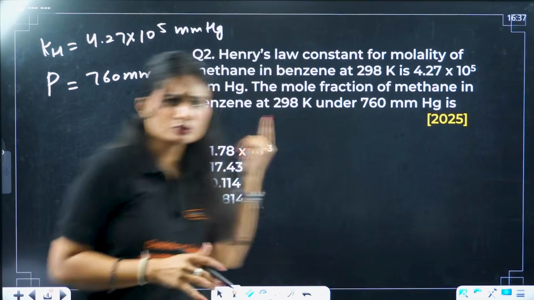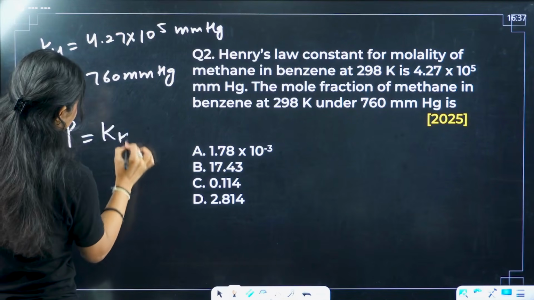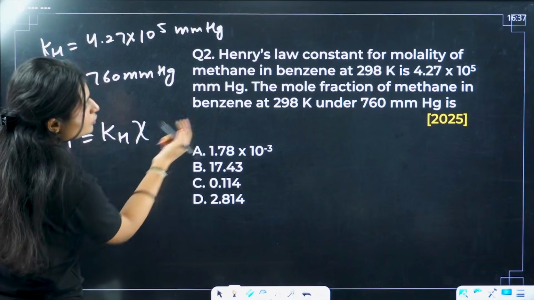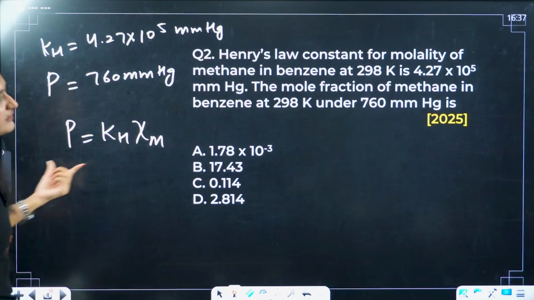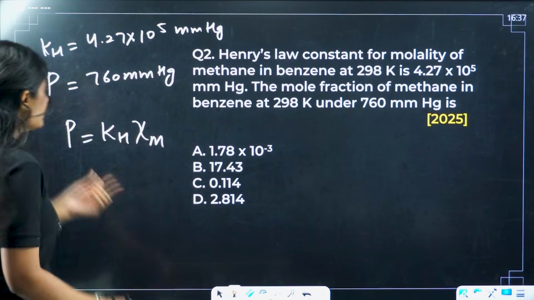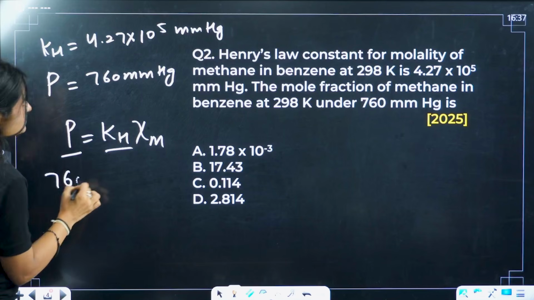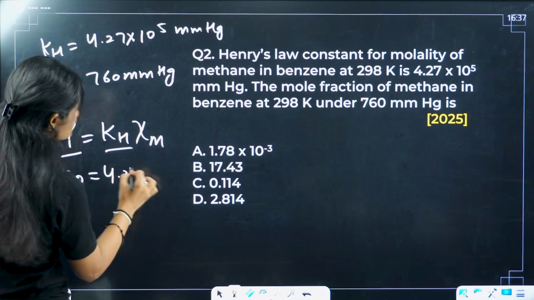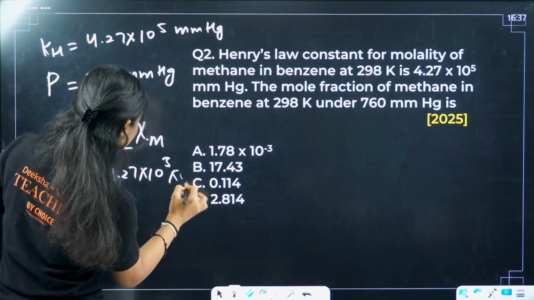Okay. So here, how do you write Henry's law? P will be equal to KH times the mole fraction of, in this case, methane. Okay, mole fraction of methane, because we are trying to dissolve methane in benzene. This value is already known: 760 equals 4.27 times 10 raised to power 5 times mole fraction of methane.